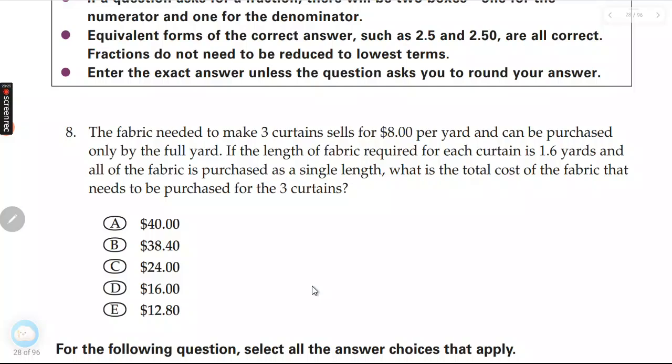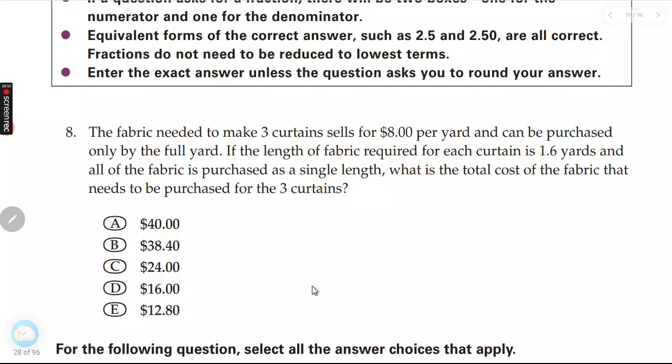So you just know that you want to make 3 curtains, right? And one costs $8 per yard. So the total cost, if you are making 3 curtains, would be $8 per yard times the number of yards that you need for 3 curtains.